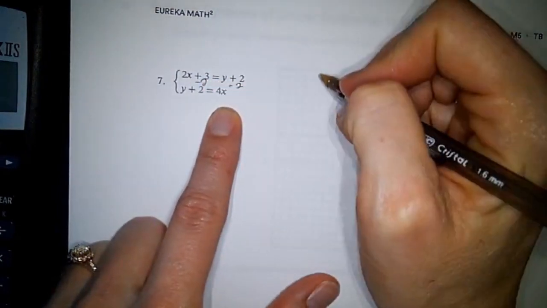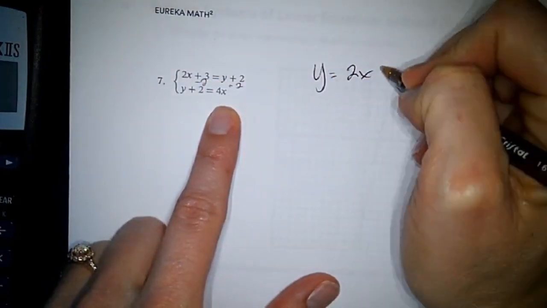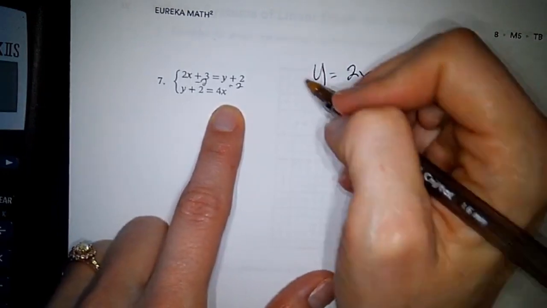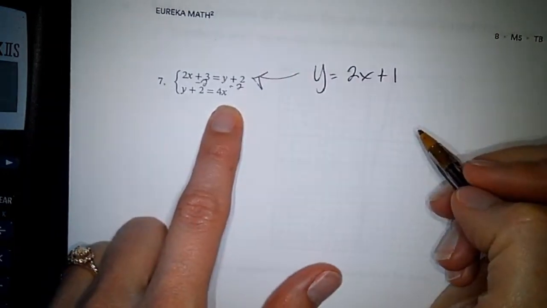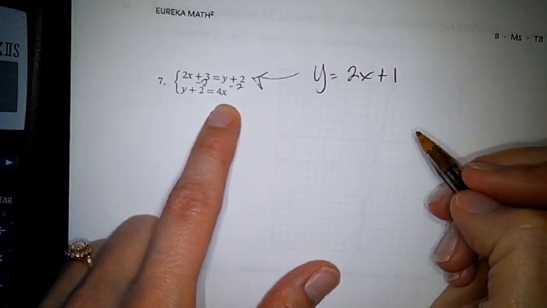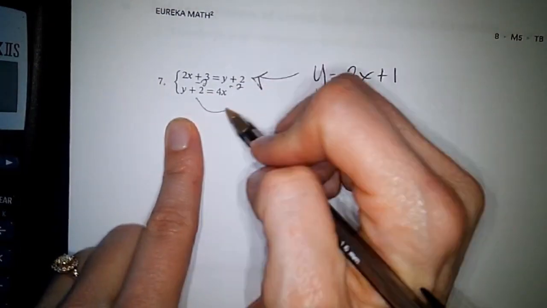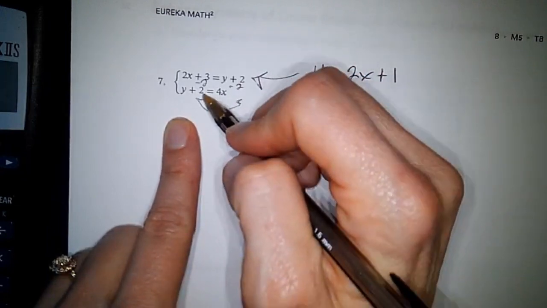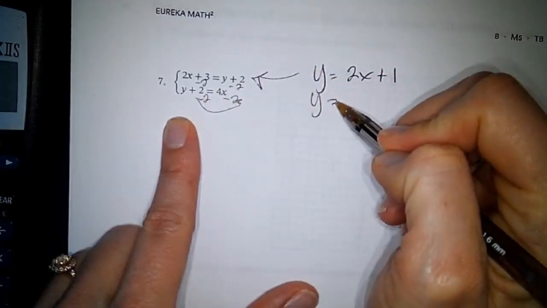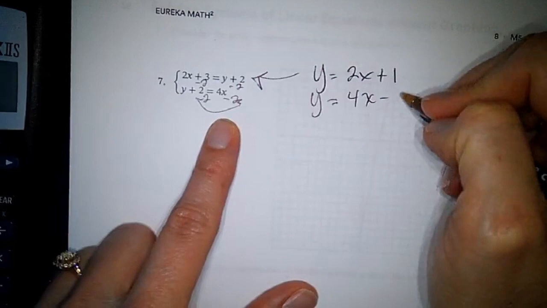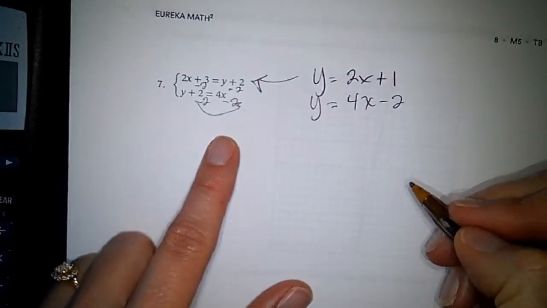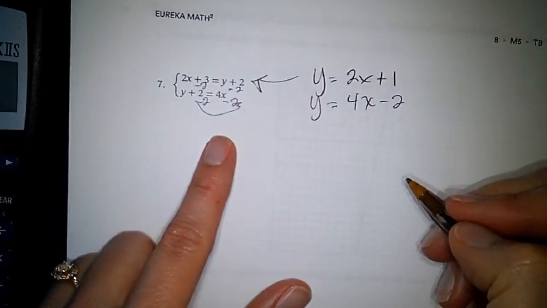I just reconverted this one. I subtracted 2 from both sides. And now I could do the same thing on here. I could just move 2 from this side. Subtract 2, y equals 4x minus 2. They have a different slope, different y-intercept, so most likely they're going to have one solution.